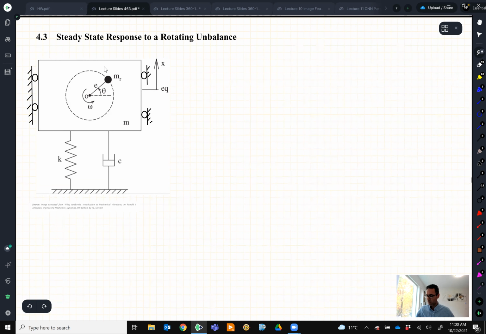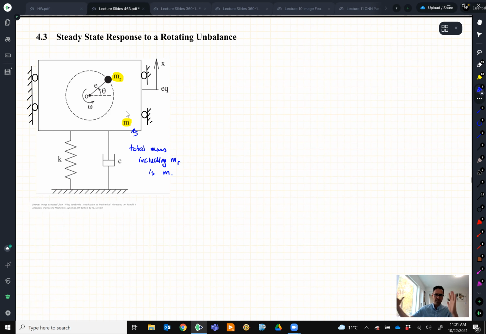So we have a system with mass M. Including that mass M, there is MR. Again, I emphasize this MR is part of the M. Let's say this box, the total mass, including MR, is M. If you put the whole box on a scale, the total mass is M. Inside that M, MR has an imbalance E, which is rotating with speed omega.